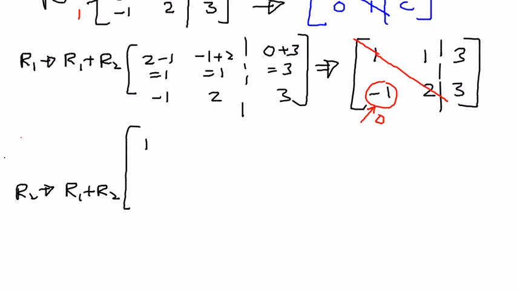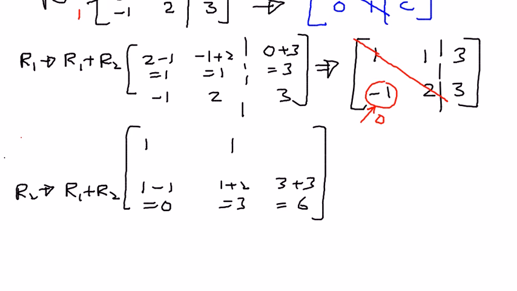If we combine R1 and R2, we should be able to get that. In the second row, if we add 1 to -1, that becomes 0. Then for the other elements in that second row, 1 plus 2 is equal to 3, and 3 plus 3 is equal to 6. In the first row, we have 1, 1, and 3.